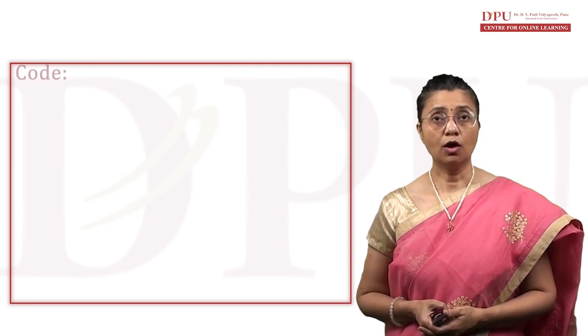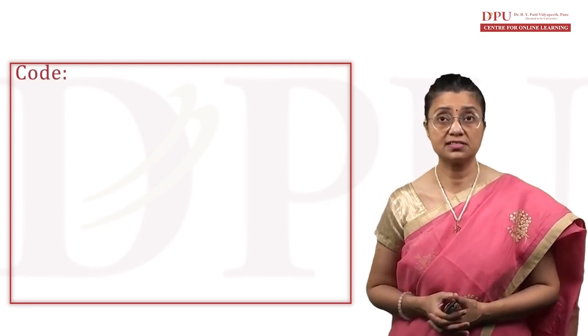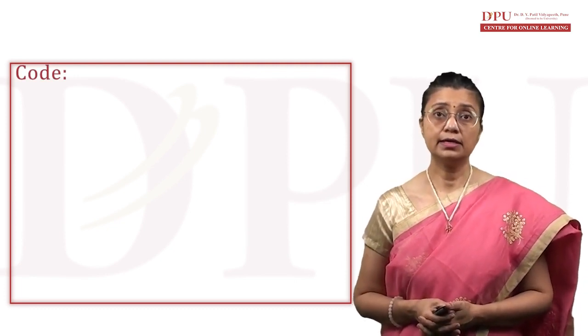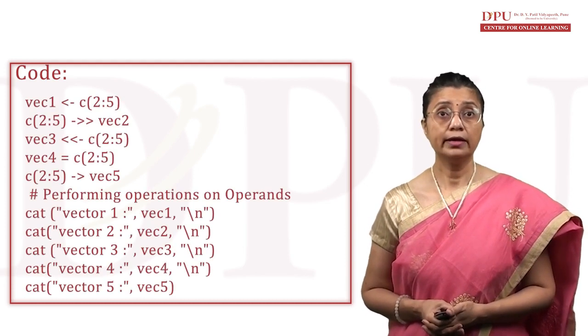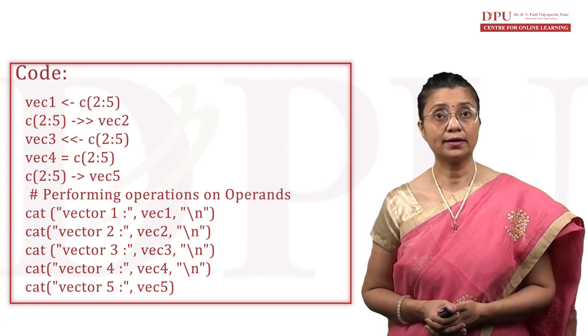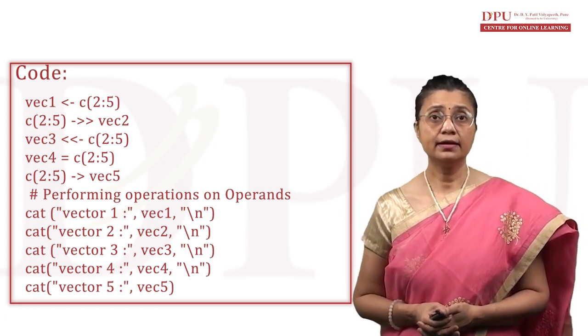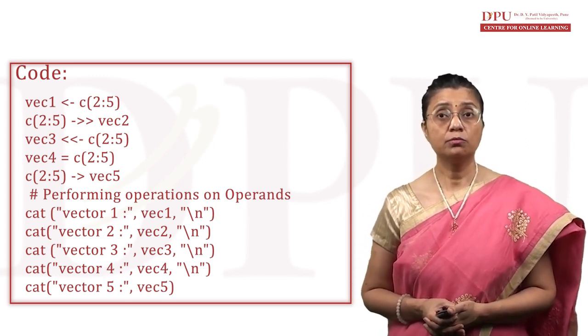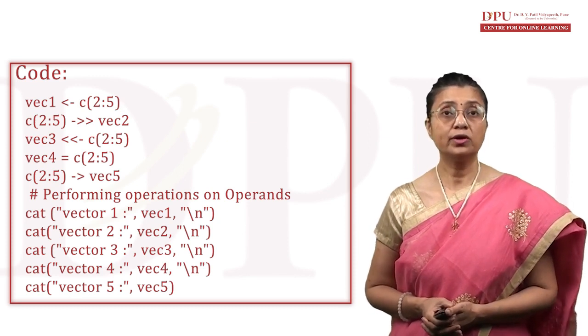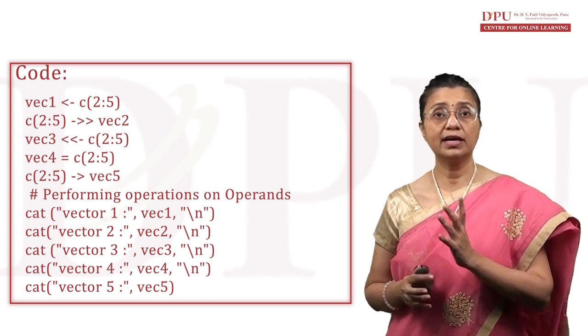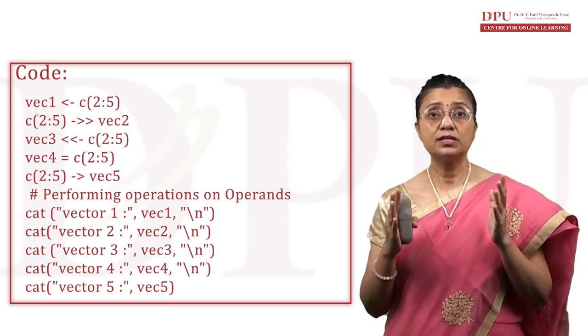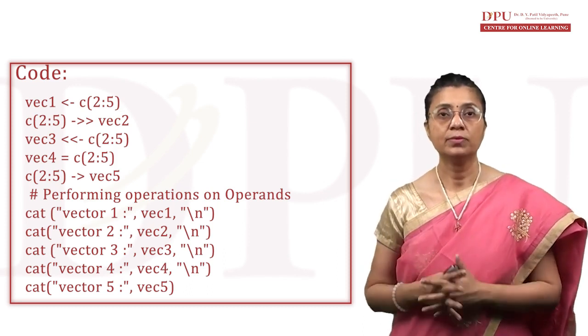Let's have a look at code which illustrates the usage of all relational operators along with assignment operators. Here you will see the code where vector 1 is assigned a list from 2 to 5. If I write c and within brackets 2:5, it means the range of values from 2 to 5.